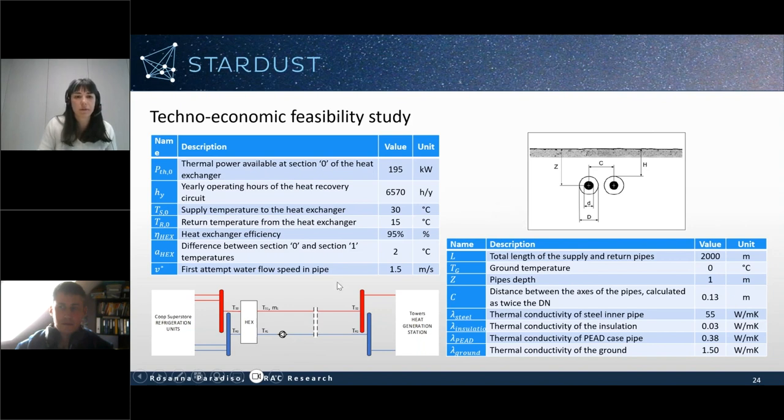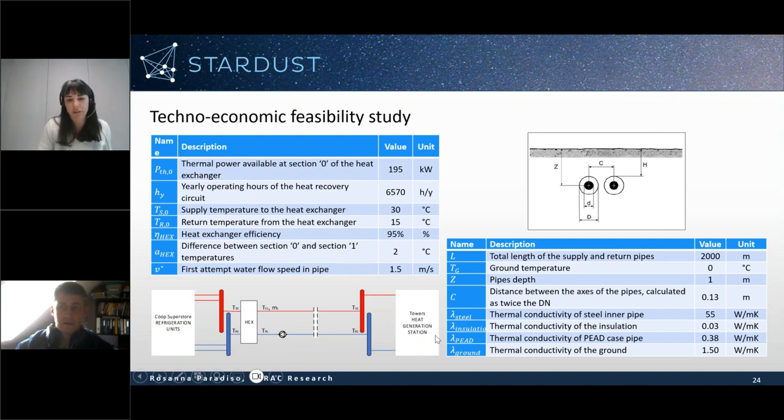So we considered a 195 kilowatt heat exchanger, and we assume that the system is working during the operating condition of the shopping mall, so between 6 a.m. and midnight. At the Superstore, the water is available at 30 degrees Celsius, and is returning back at 15 degrees.